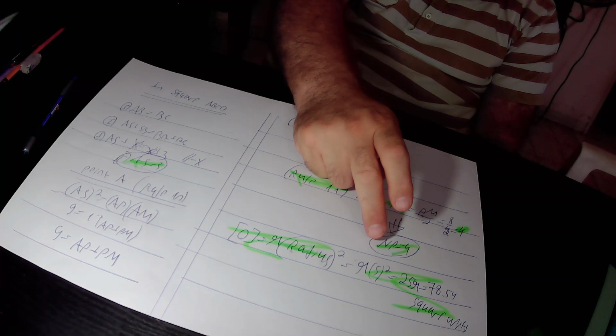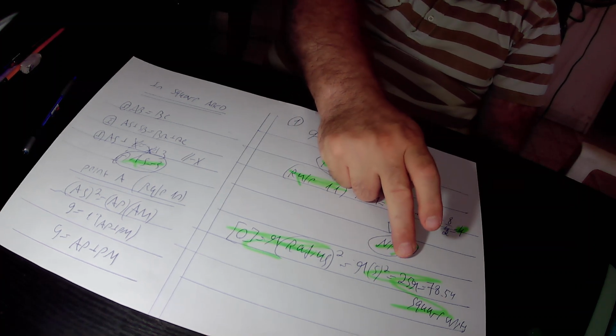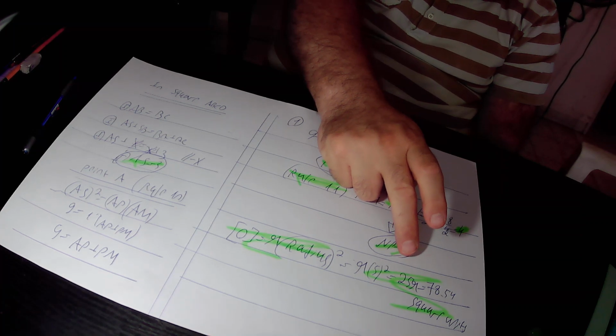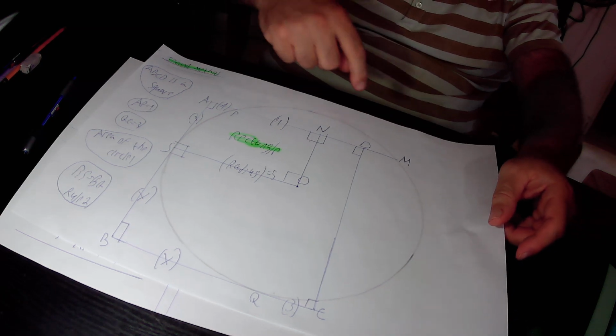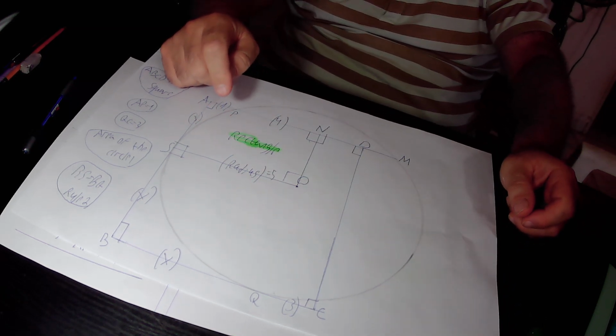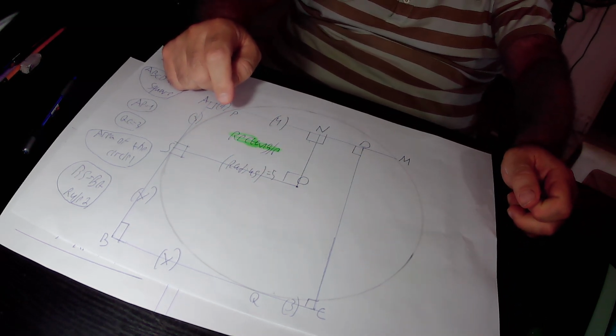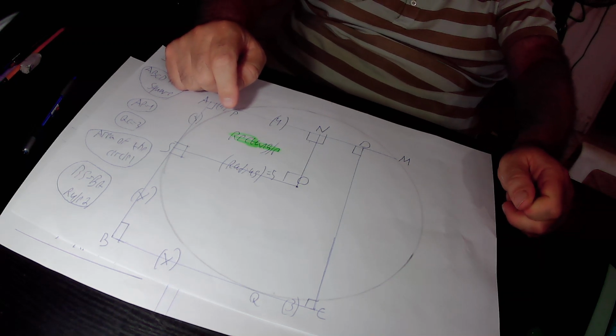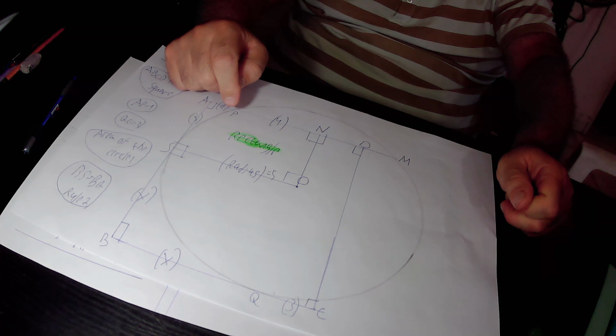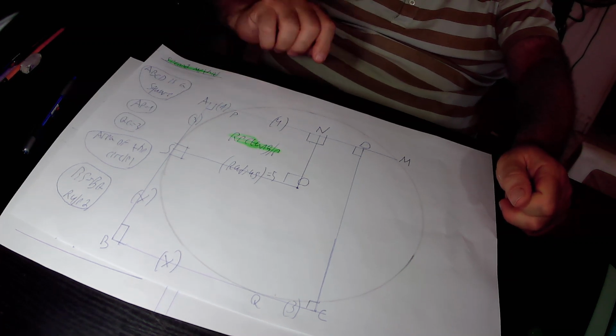So the area of our circle equals pi times 5 squared. 5 squared is 25, so this expression equals either 25 pi or 78.54. So in both methods, we found that the area of the circle we are looking for in this question is equal to either 25 pi square units, or in terms of numbers, 78.54 square units. Okay, thank you very much.